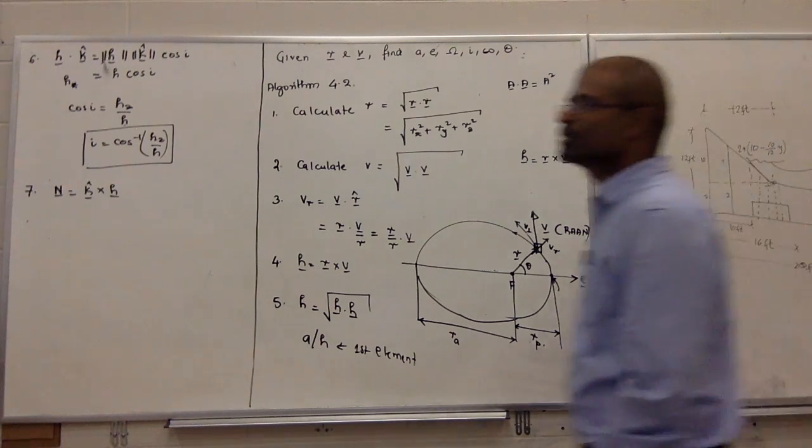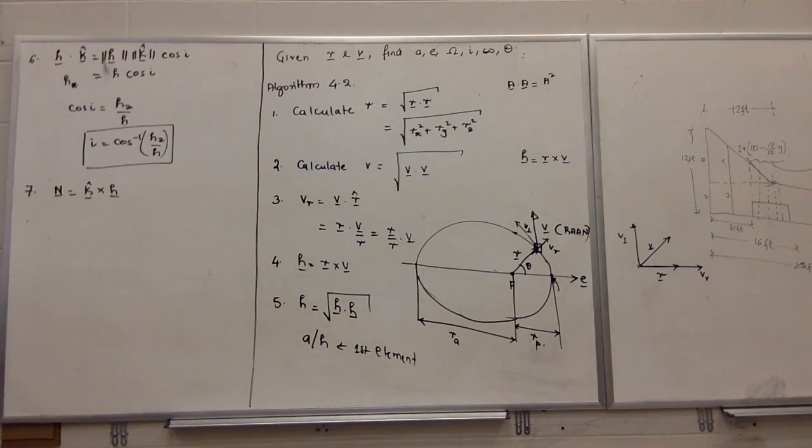So you see why this line is K cross H. Do this, K cross H. This is called cross.